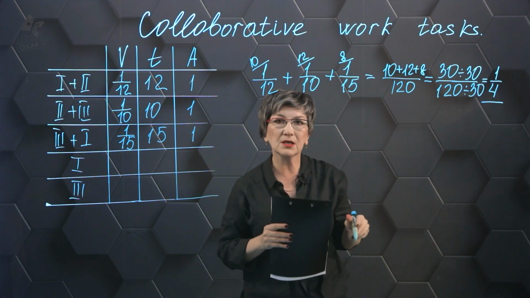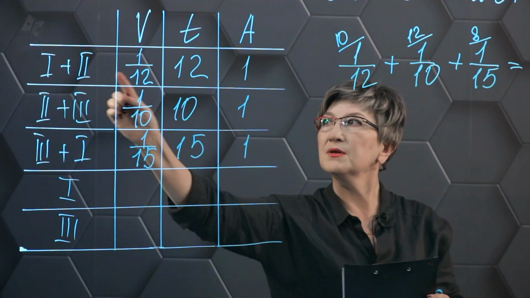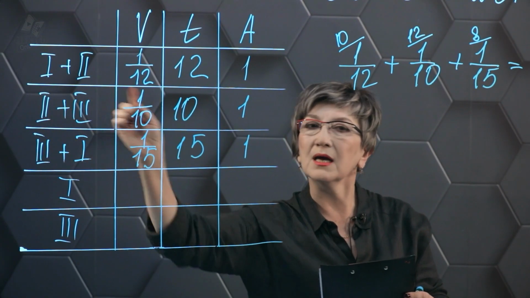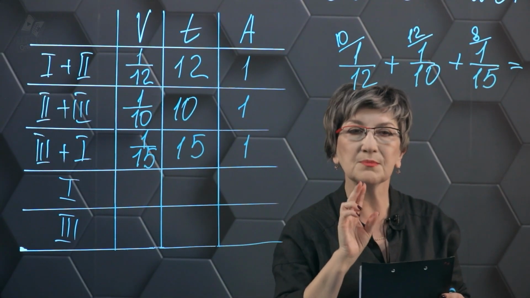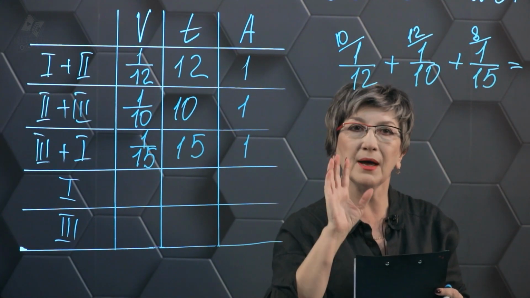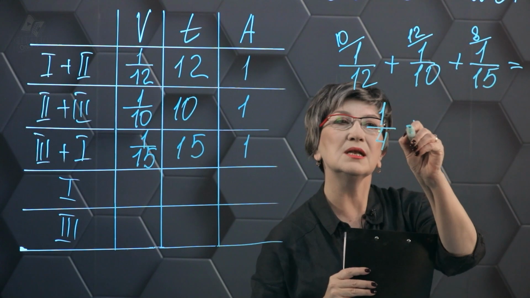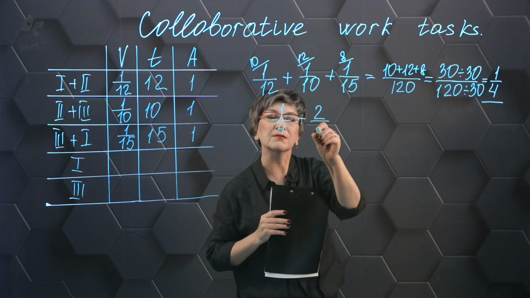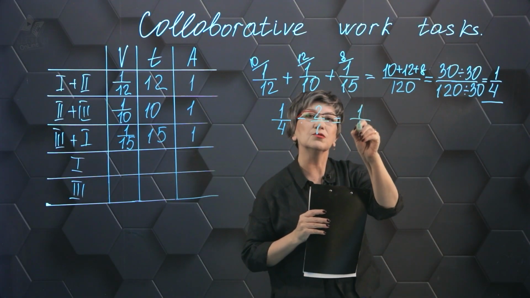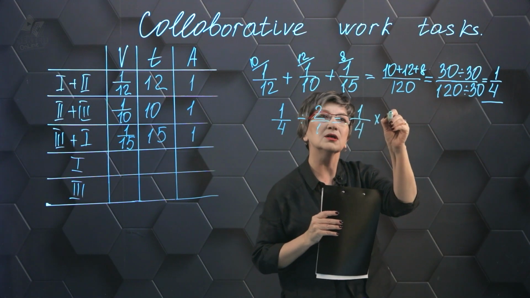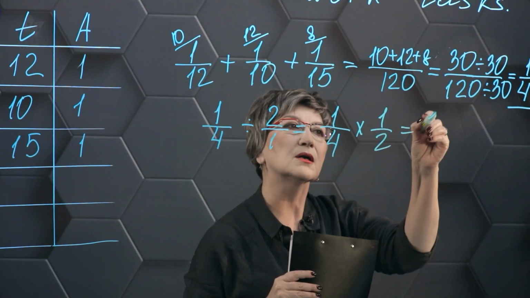But notice that each company is written twice in the condition of the problem. Therefore, I need to divide 1/4 by 2. I multiply 1/4 by 1 second equals 1/8.